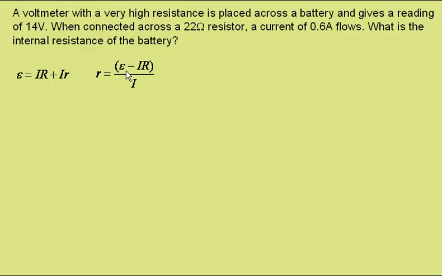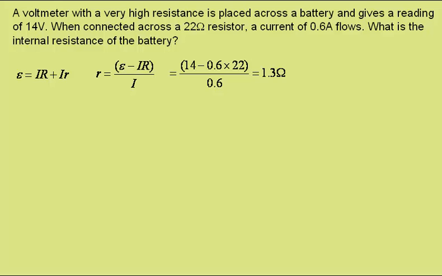The EMF being 14 volts, the external resistance being 22 ohms, and the current 0.6 amps. So we can add the numbers to get this, and when we work it out, we get an internal resistance of 1.3 ohms.